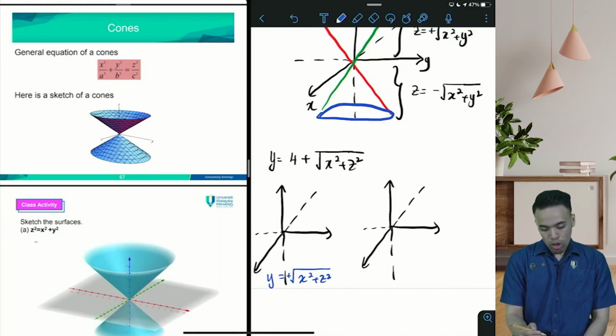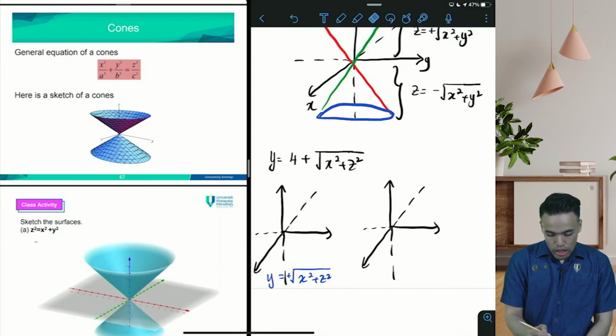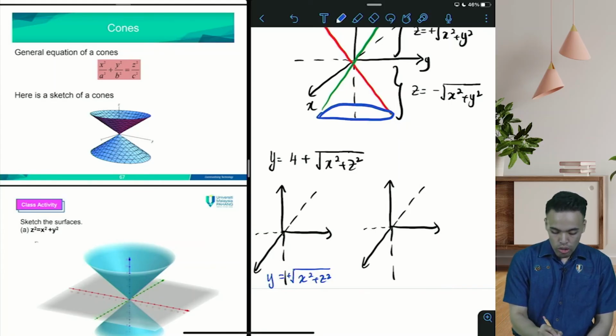So when this happens, you know that you will end up with a cone, and this is a positive cone, and this positive cone will be traced along variable y, so it will be along the y-axis.